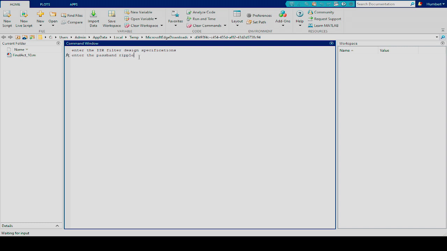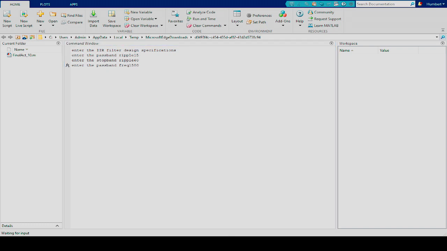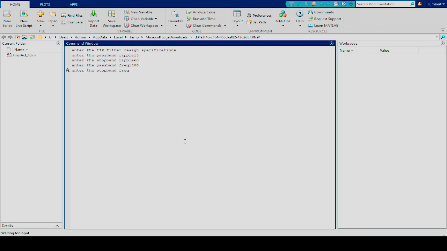So let's see the difference between the Chebyshev and the Butterworth methods. The inputs are 15, 3000 and 6000.